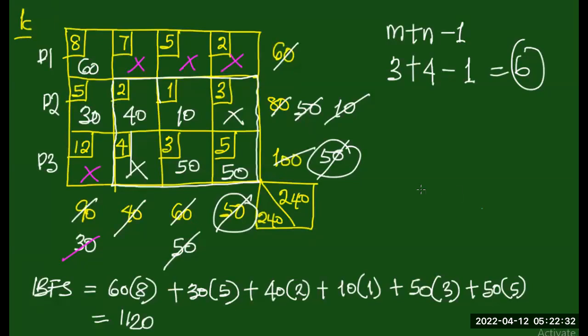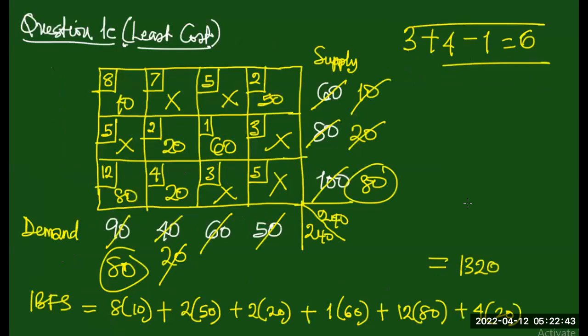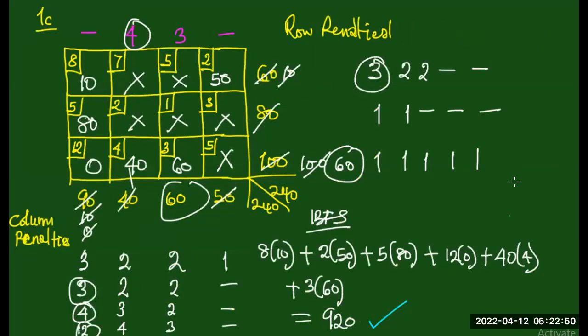We had 1,120, and the next one we had, I think, 1,320. This was even higher, but this one is rather 920.